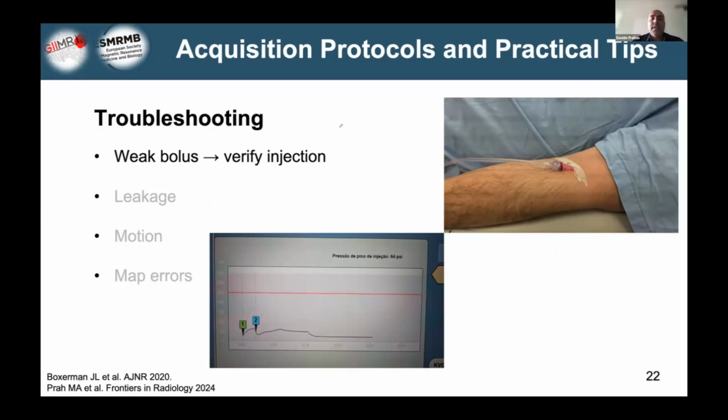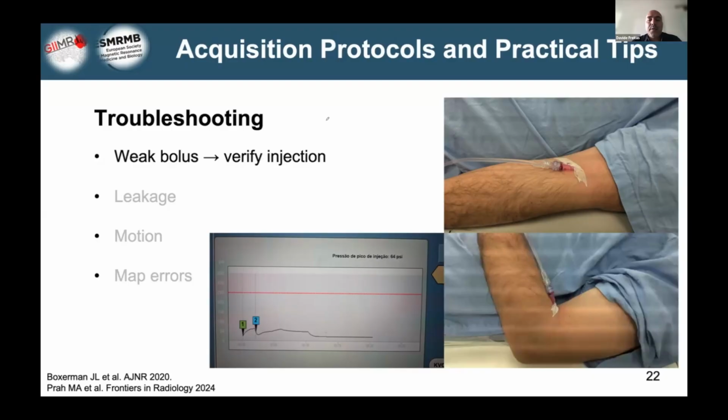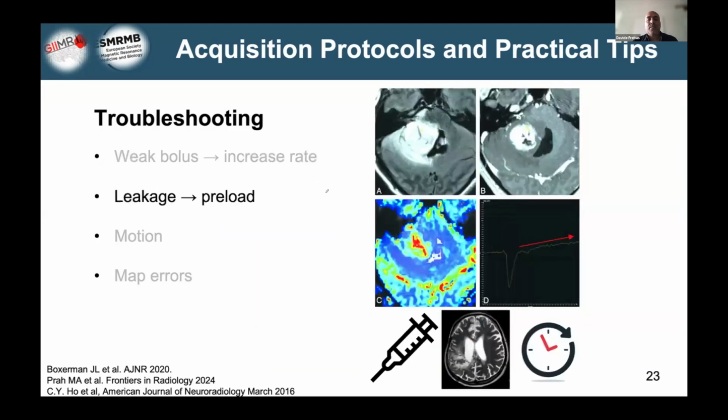Avoiding kinks in the catheter is an important precaution to maintain the fluidity of the injection. This can happen when the patient bends their elbow, leading to blockage of the flow within the catheter that makes a kink.